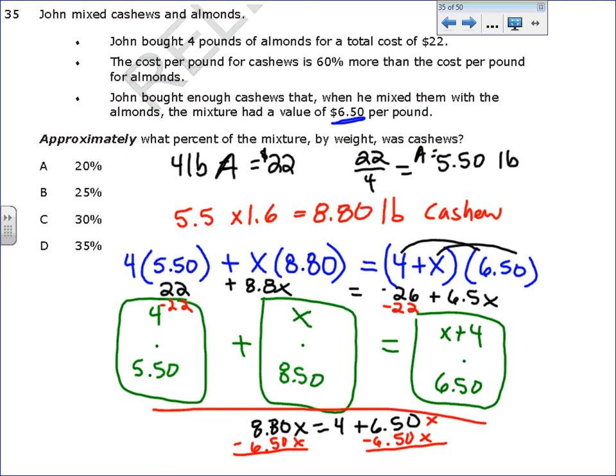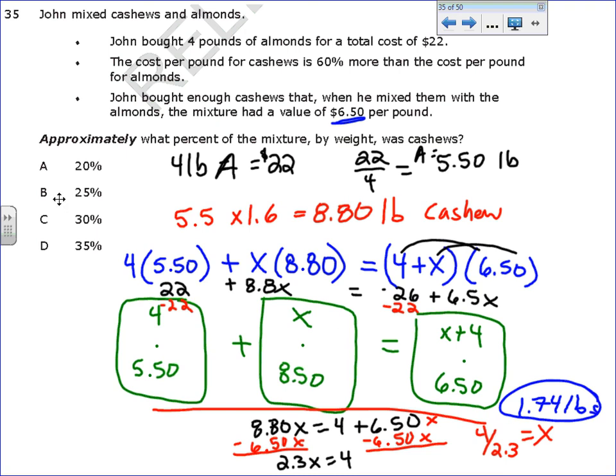Okay, and that left me with 2.3x equals 4. Then I said 4 divided by 2.3 is x, which is 1.74 pounds.